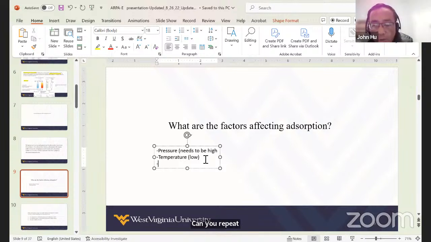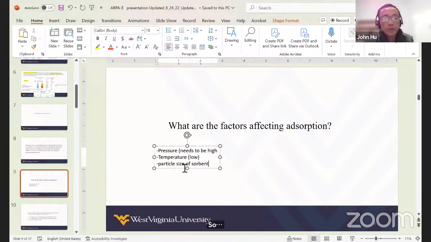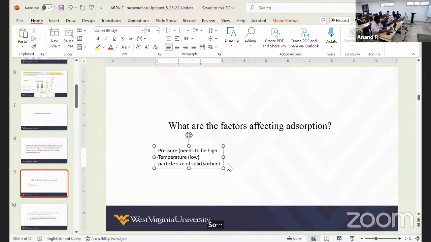I cannot hear you. Particle size of the solid sorbent, all right? Yes. Thank you. So basically, why is particle size important?